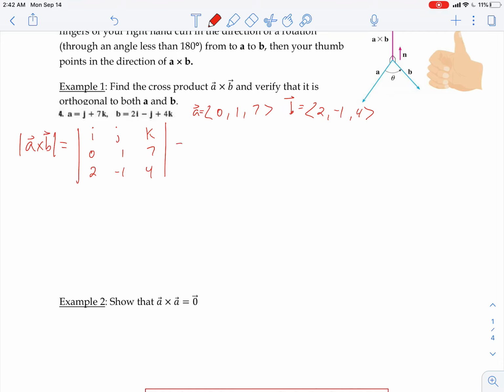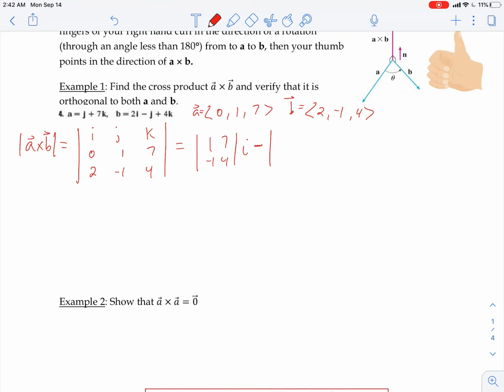And so what I'm going to be doing is finding the cross product. Since I want to do i first, I'm going to take the second components of each, and I'll have 1, 7, negative 1, 4 times i, minus.